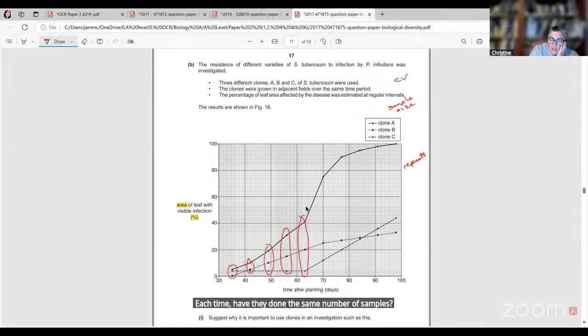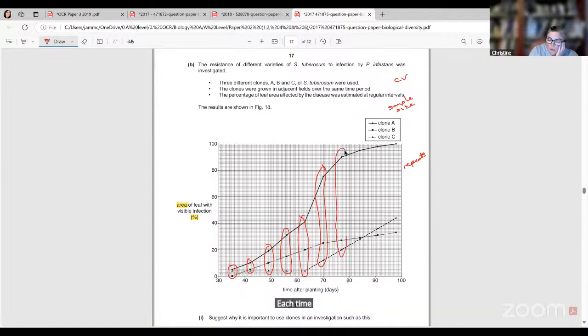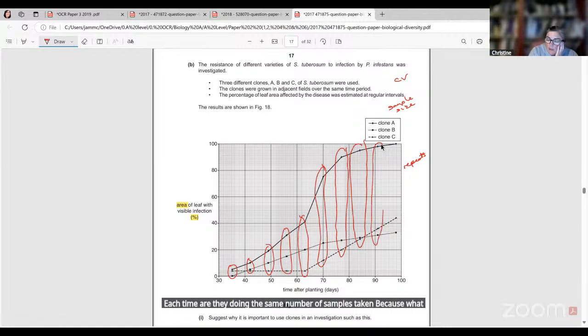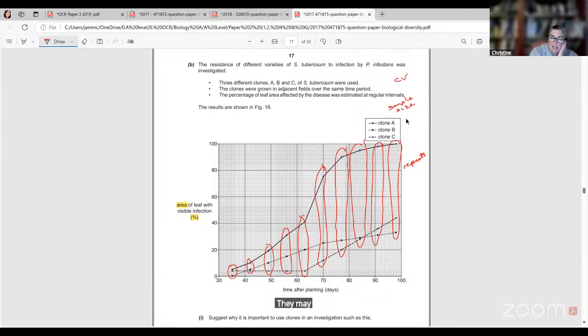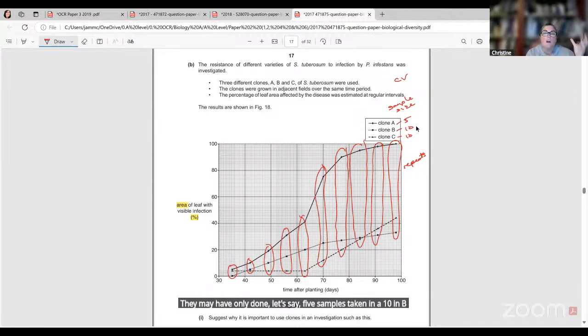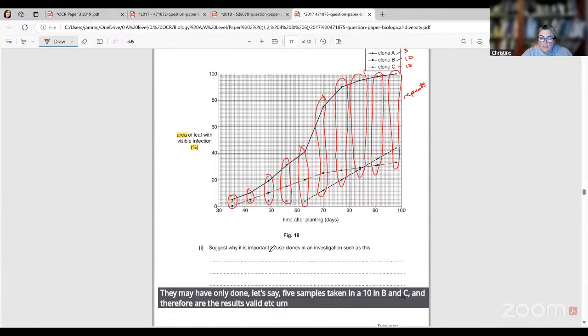Each time, are they doing the same number of samples taken? Because if some questions are practical based, they may have only done, let's say, 5 samples taken in A, 10 in B and C, and therefore, are the results valid, etc. That is something to consider.